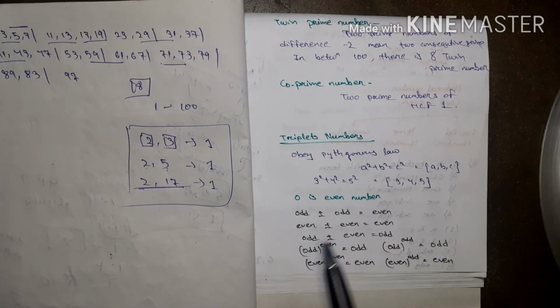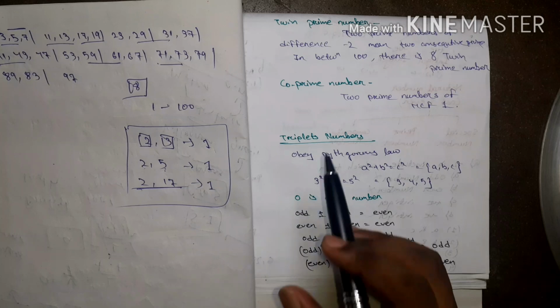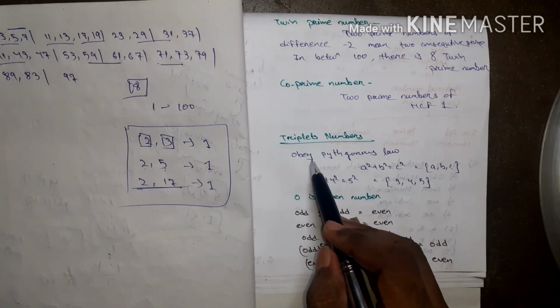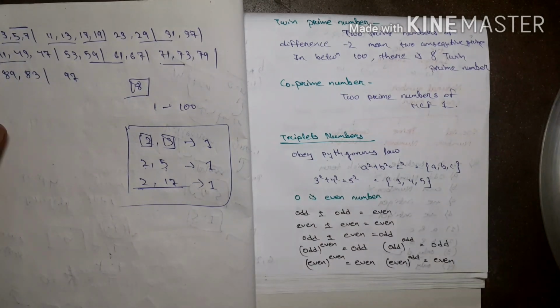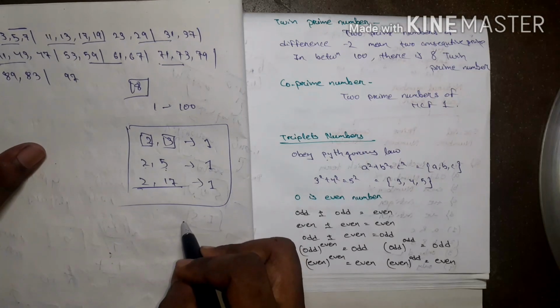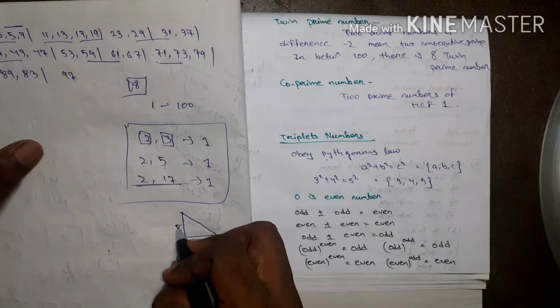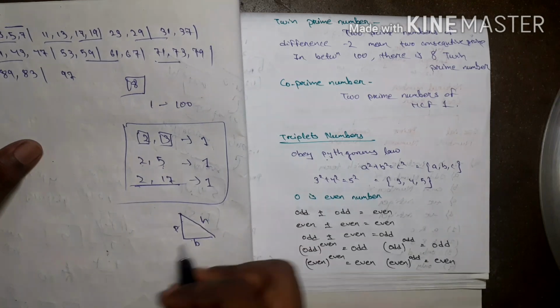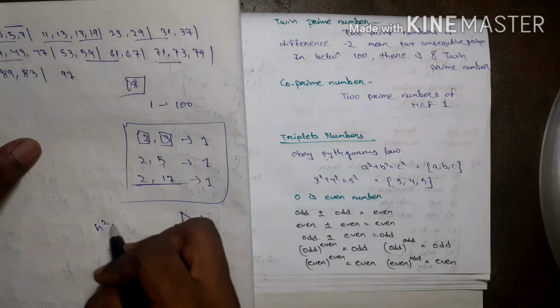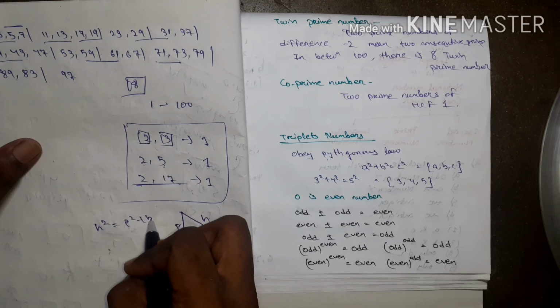Then go for triplet numbers. Triplet numbers mean they obey the Pythagoras law. We know that in a right angle triangle, there is P, B, and H. According to the Pythagoras law, H square equals P square plus B square.